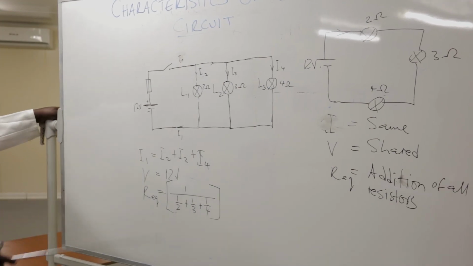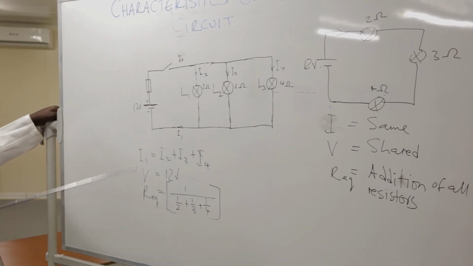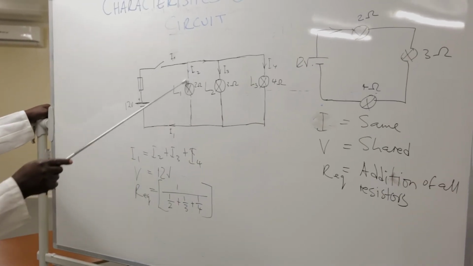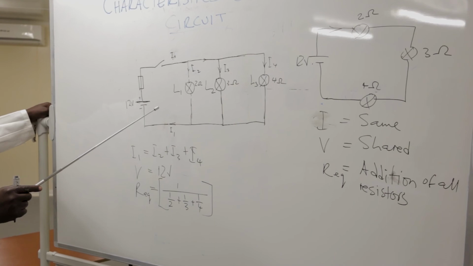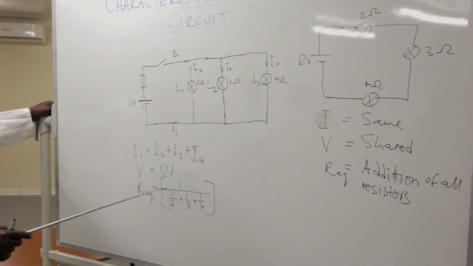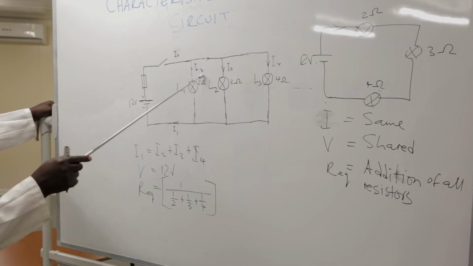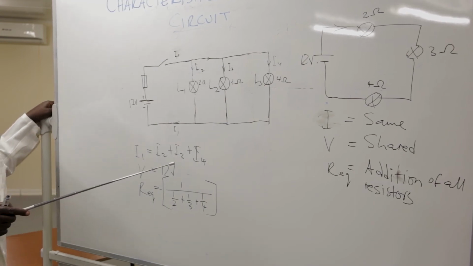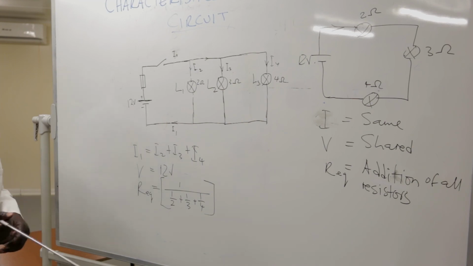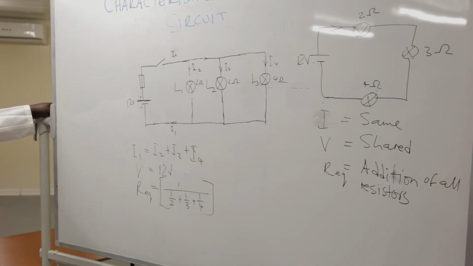Now with this, because these are reciprocals, the equivalent resistor is going to be smaller than the smallest. So the equivalent resistor we are going to get there will be smaller than 2.